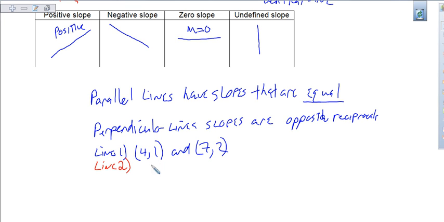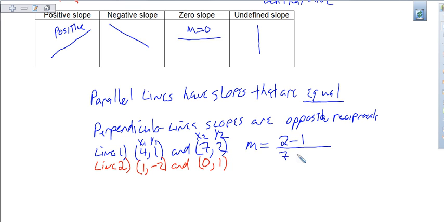So line 2 had a coordinate value of 1, negative 2 for the first point, and the second point had 0 and 1. So first thing we're going to do is just find the slope of each one of these. Notice that we have x1, y1, x2, and y2. So if we follow our formula, we'll use 2, subtract 1, and 7, subtract 4, and the slope of this is equal to 1/3.